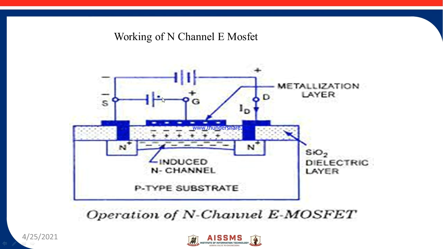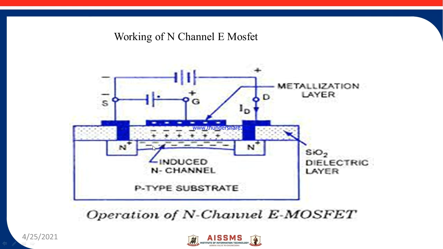Increasing the voltage, when it becomes equal to or greater than the threshold voltage, the eMOSFET turns on and the induced channel conducts the drain current from source to drain. The electrons flow from the source terminal to the drain terminal, and the current flows from drain to source. Beyond VGS threshold, if the value of VGS increases, the newly formed channel becomes wider.